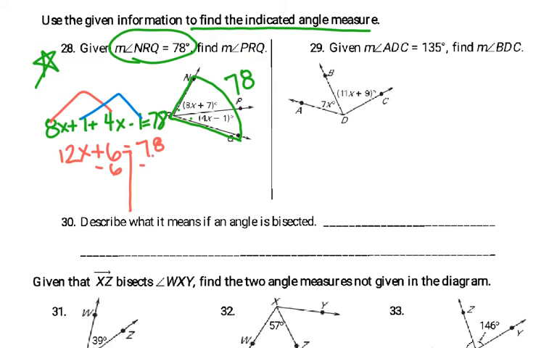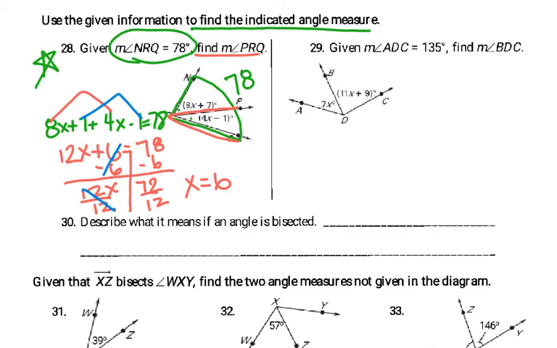12x plus 6 equals 78. Subtracting our 6 from both sides, 12x equals 72, and dividing by 12, we get x equals 6. The question does say find the measure of PRQ. You'll notice that PRQ is just the bottom part.